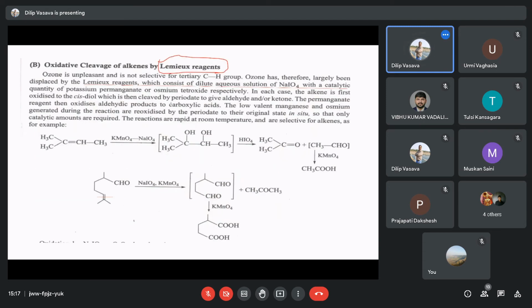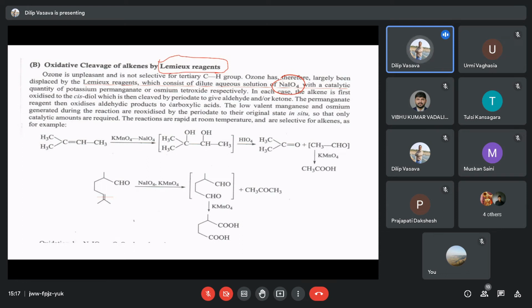Now here another reagent, that is the Lemieux reagent. The Lemieux reagent consists of a dilute solution of NaIO4, the oxidizing agent, utilized in presence of the KMnO4 particularly.